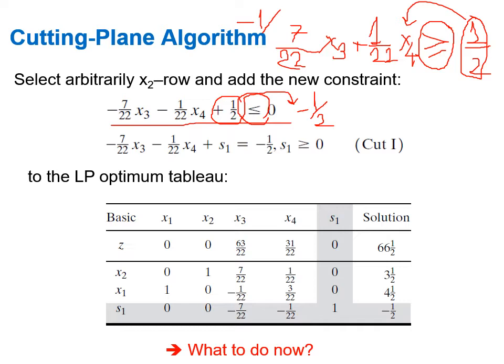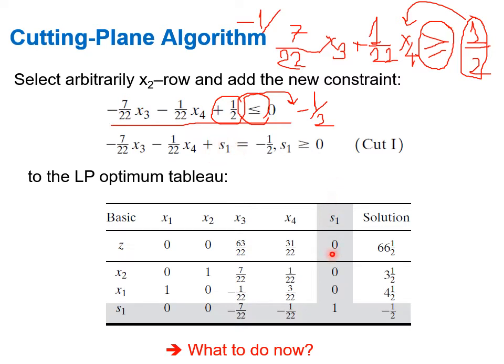So what does it mean? Including a new constraint in the optimal Simplex Tableau requires one additional row. You see, initially we have these 3 rows, and now I have included a new row and one additional column because I added a new variable to the problem.